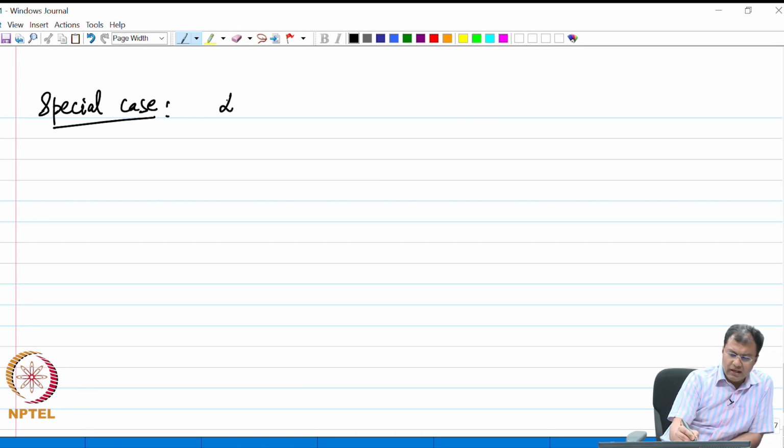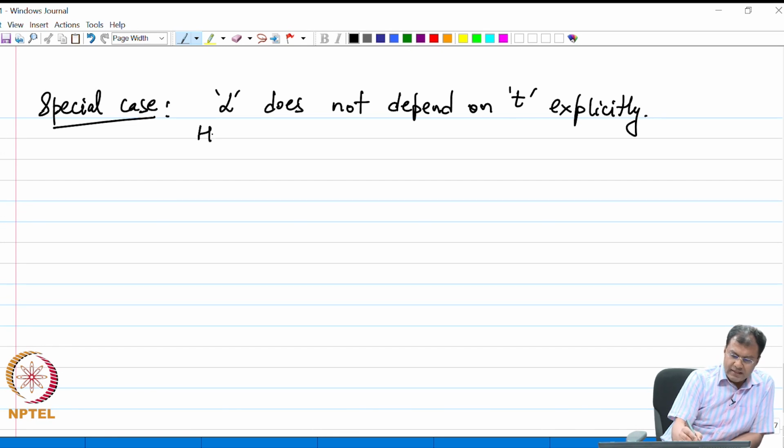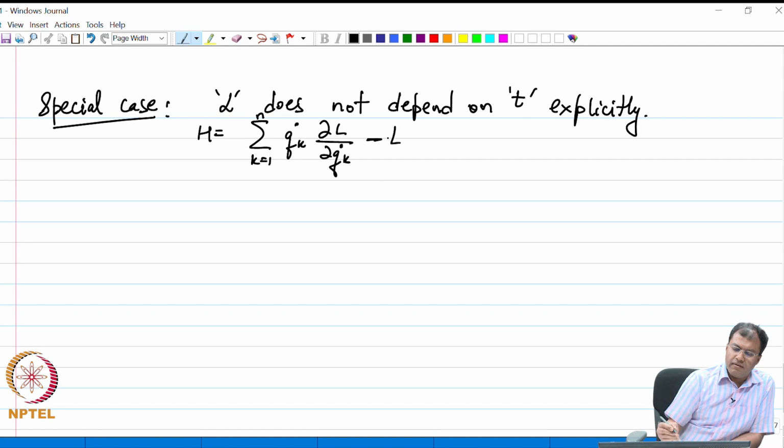Okay. So, in this special case, L, the integrand in the functional, does not depend on t explicitly, right. So, I have that H is equal to the summation from 1 to n of q k dot del L del q k dot minus L, right.